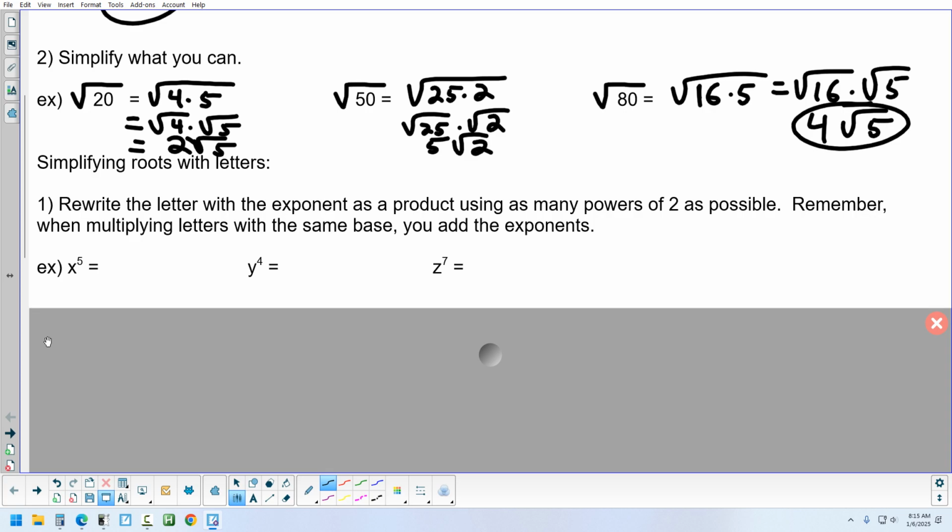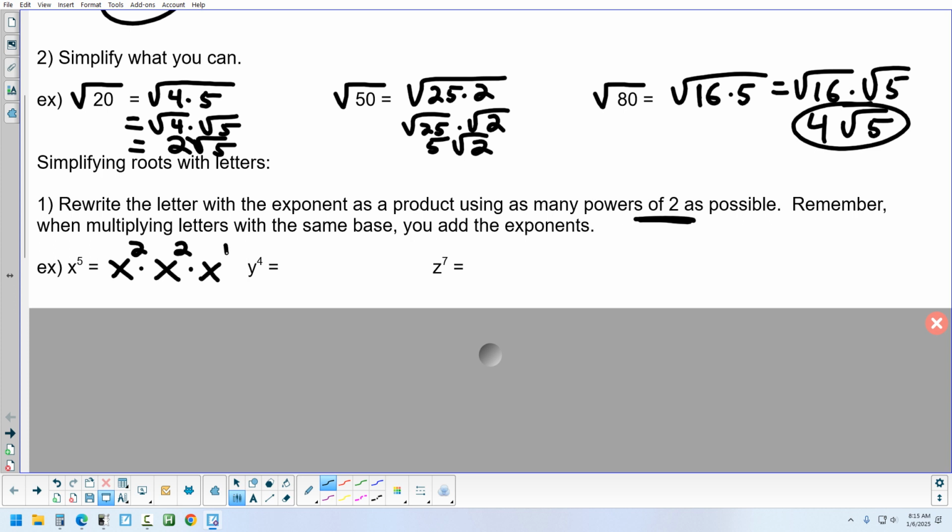If you want to break up x to the 5th, the key is we have to break it up using as many exponents of 2 as we can. So you would break it up into x to the 2nd times another x to the 2nd times an x to the 1st. That's how you break it up. That's using as many powers of 2 as I can.